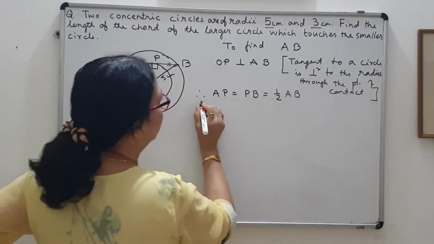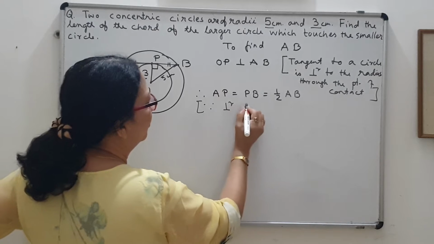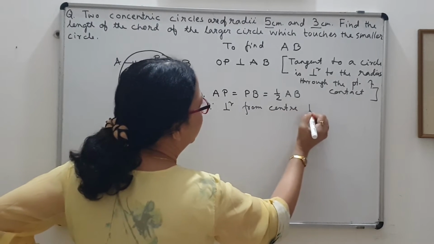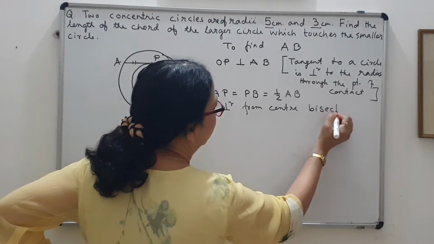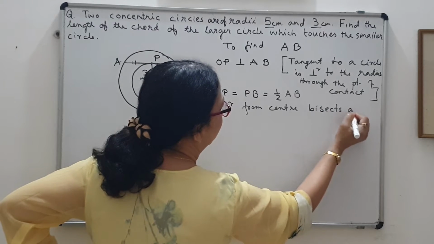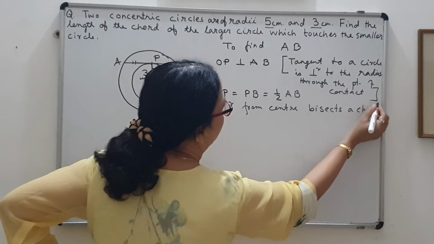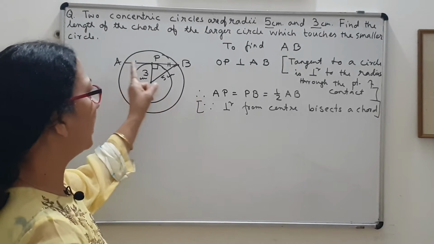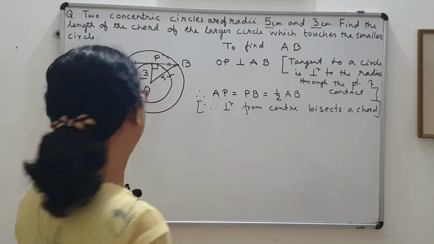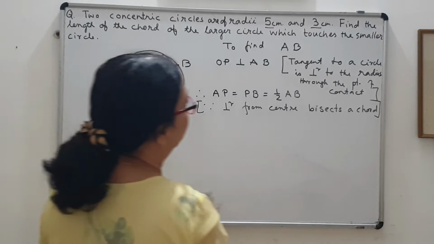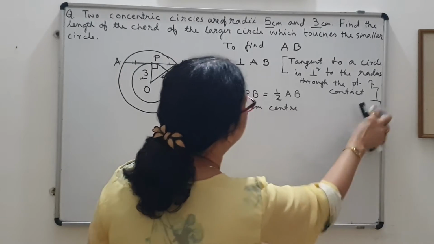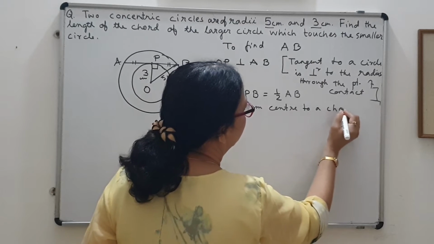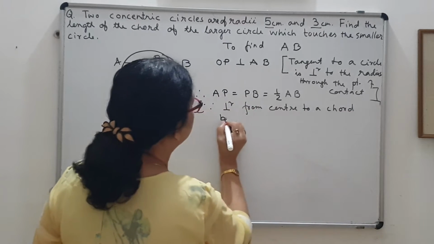In support of this we write: since the perpendicular from the center to a chord bisects the chord. Actually, you better write it as the perpendicular from the center to a chord bisects the chord.